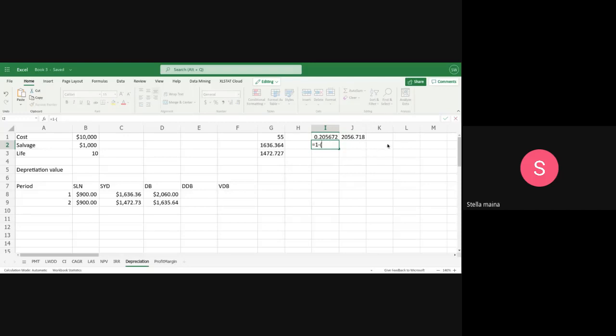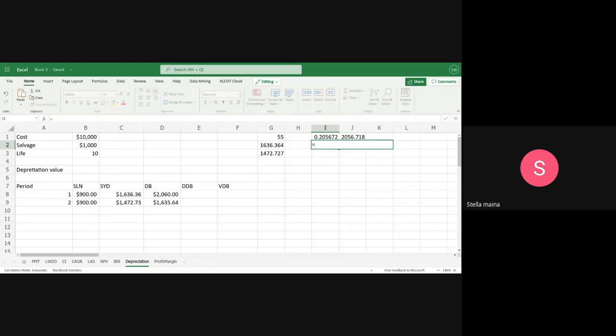Our salvage is 1,000 divided by the 10,000, raised to 1 over 10. Have I done that? Oh, no. Sorry for that. We'll just be getting the same value.